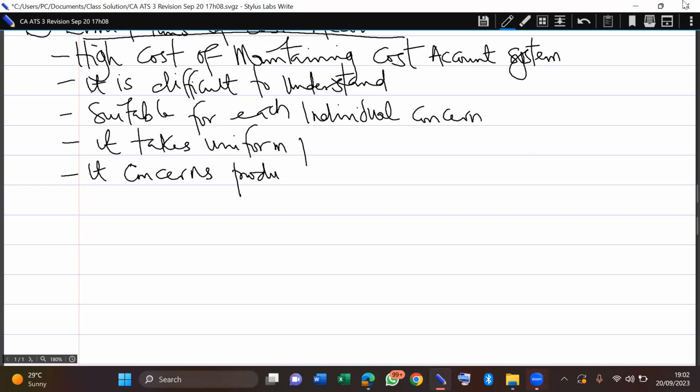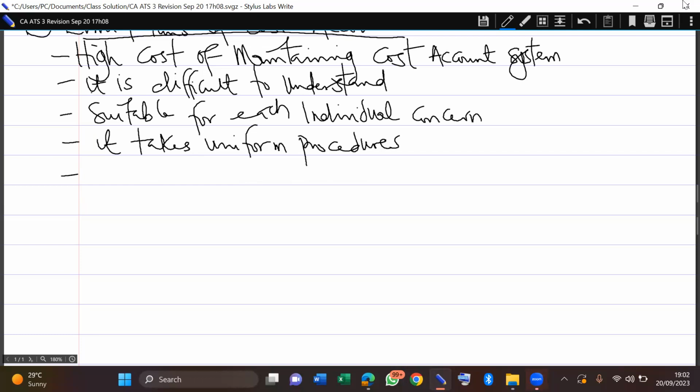Everything in cost accounting is almost the same thing. Okay, it concerns production and it concerns food. That one does not sit well. Give me another one.